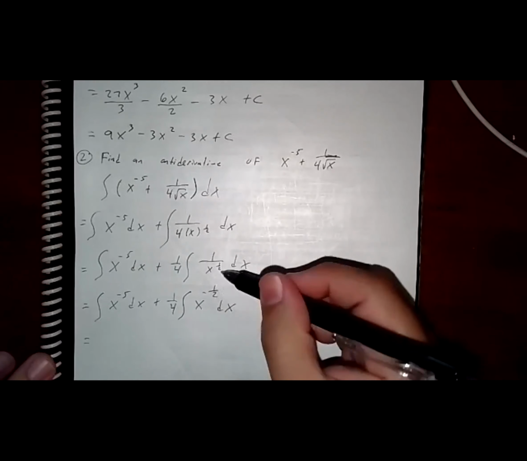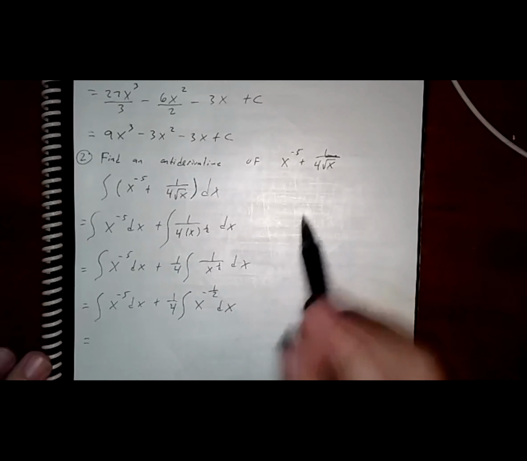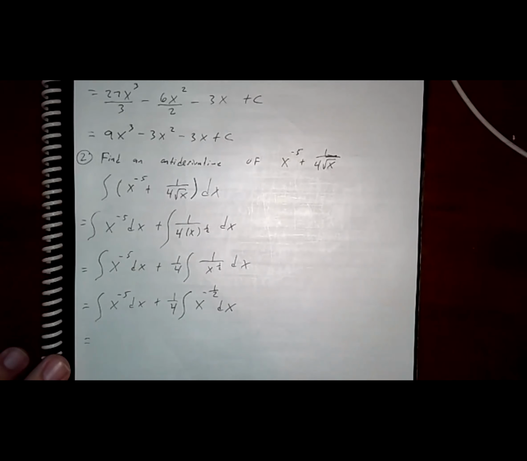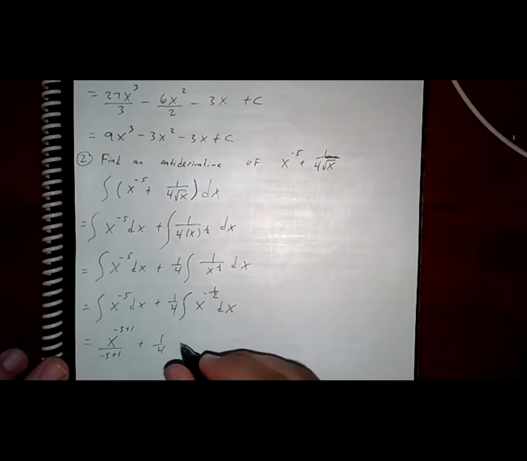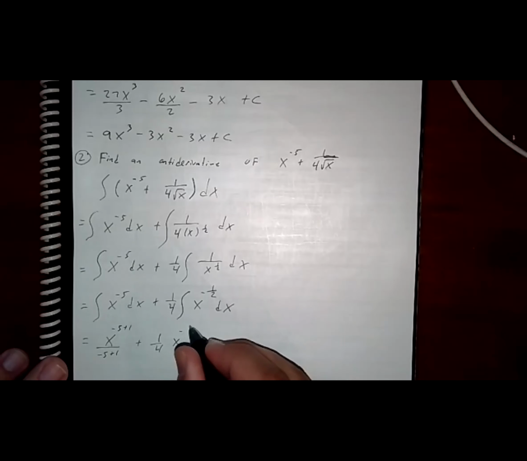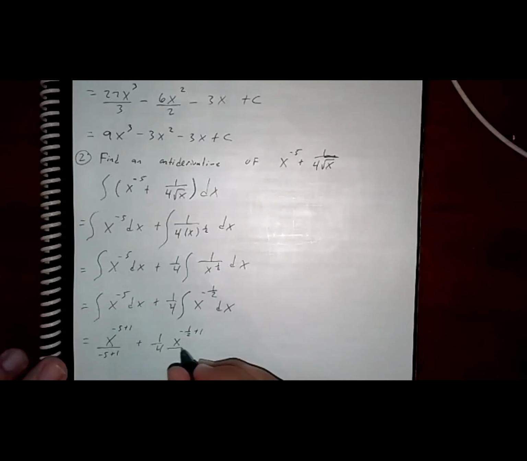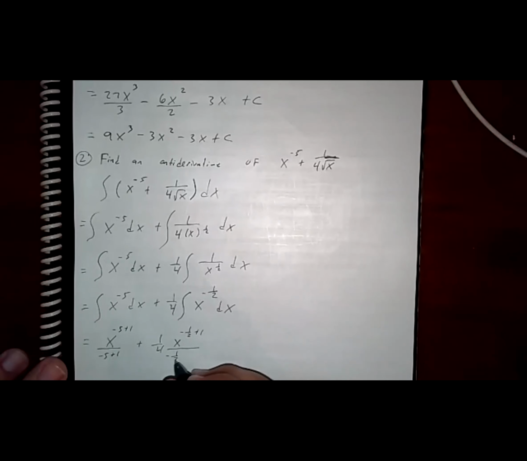So now I brought the 1/2 x to the top. Now we can integrate. So add 1 and divide by the result. So that'll be x to the -5 plus 1 over -5 plus 1 plus 1/4 times x to the -1/2 plus 1 over -1/2 plus 1 plus c.